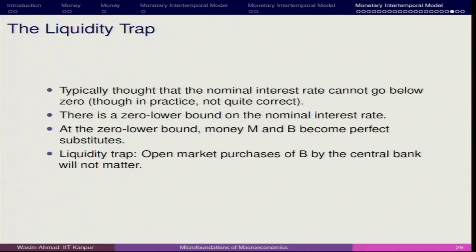If you park your money in a bank, it offers almost zero rate of interest, and even if you try to diversify your investment, you have no opportunity. In that case, even if you pump in money, it is not going to have any impact. That kind of scenario we often link with what is called the liquidity trap.